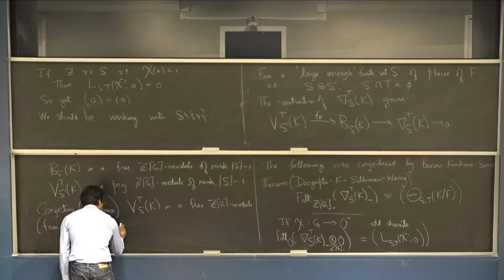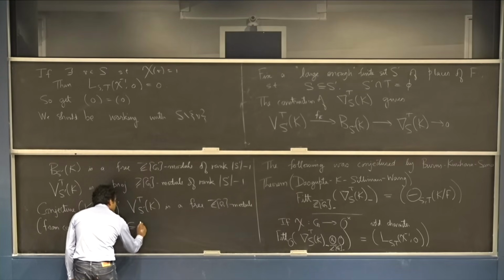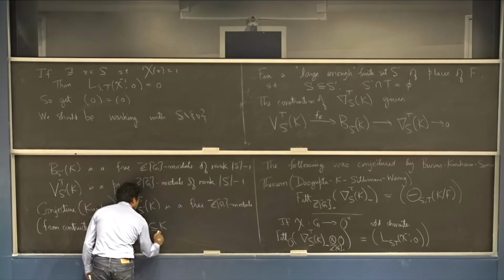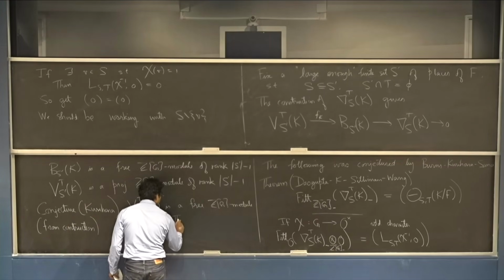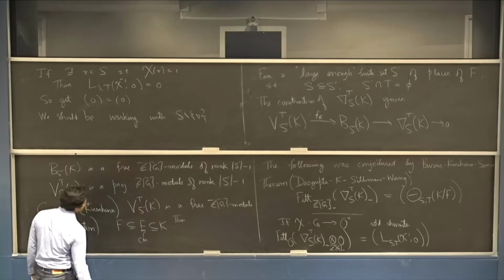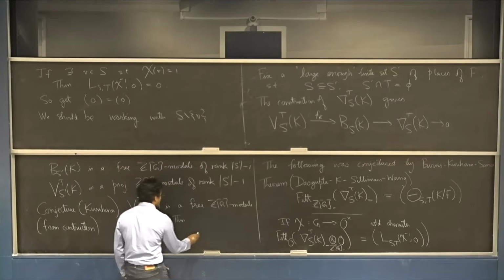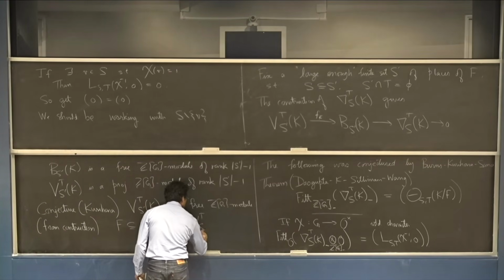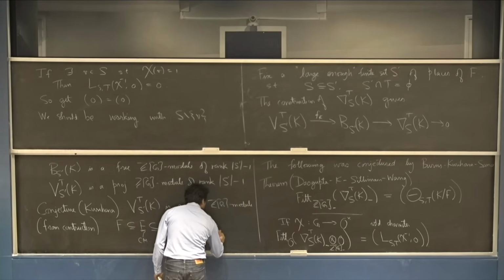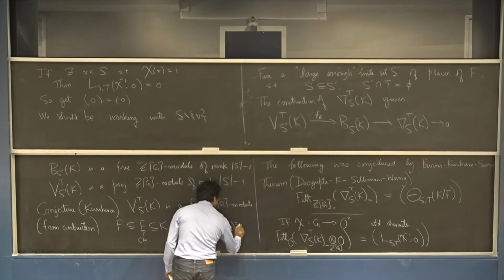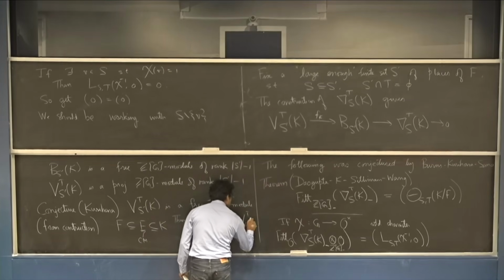So if you take a subfield E such that this is CM again, then you have the corresponding modules over E, and what you have is V_T^{S prime}(K). If I take the co-invariance under Gal(K/E), then I get V_T^{S prime}(E).